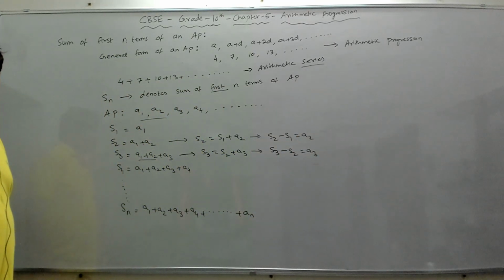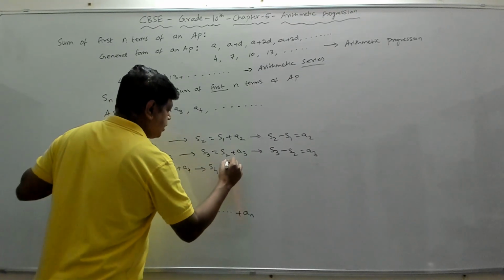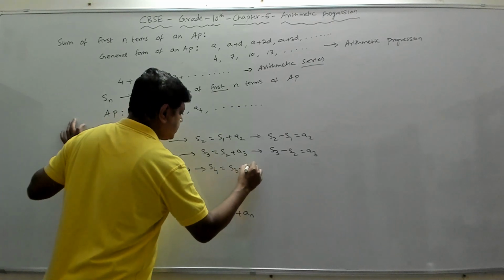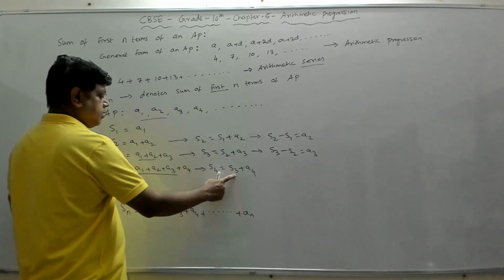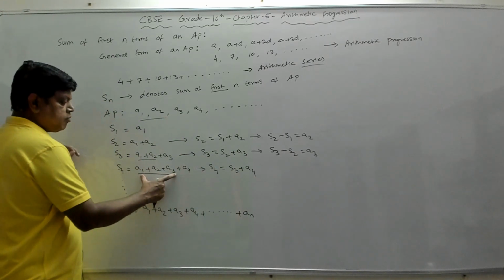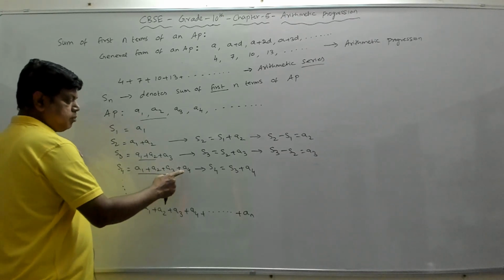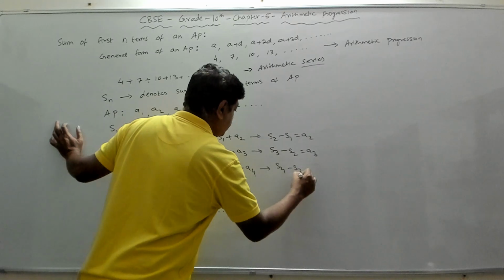Similarly, S4 will be equal to S3 plus A4, because A1 plus A2 plus A3 is the sum of the first three terms, S3, and then A4. So S4 minus S3 is A4.